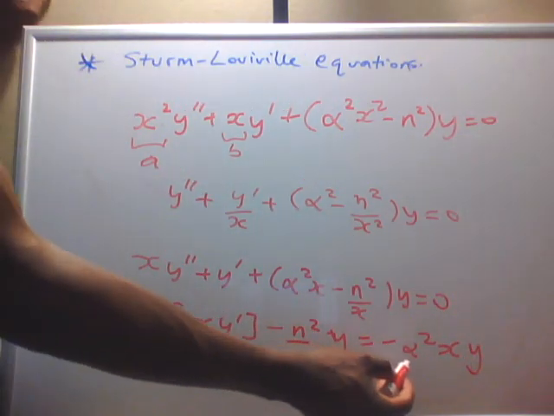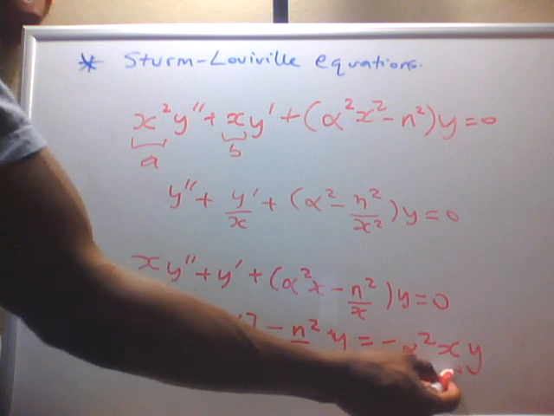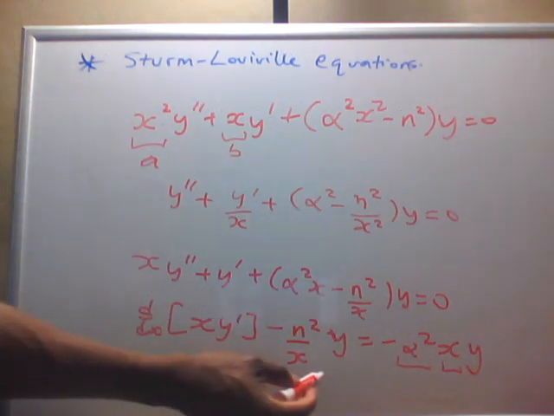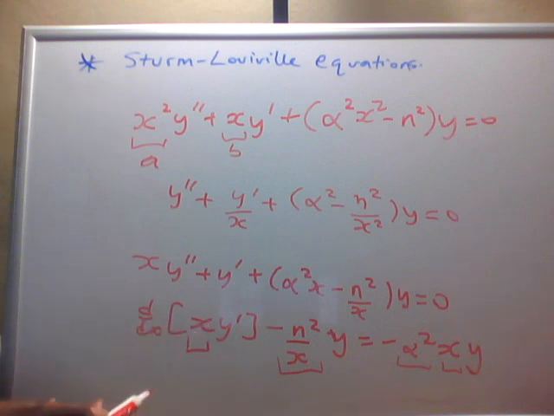You can identify this as my eigenvalues and this is my weight function. This is my q of x. This is my r of x from the Sturm Liouville problem.